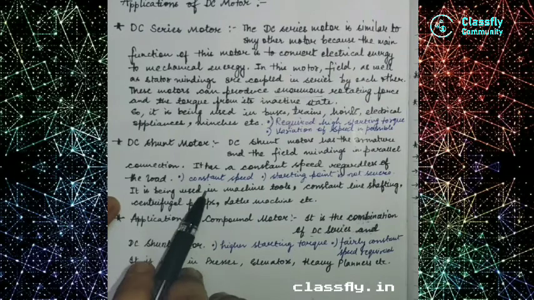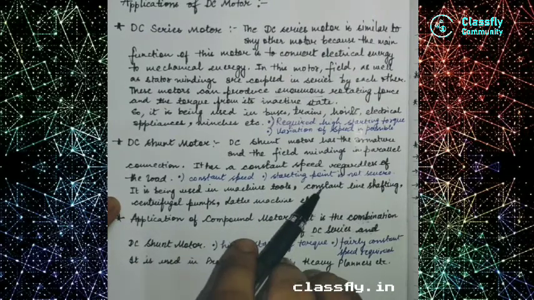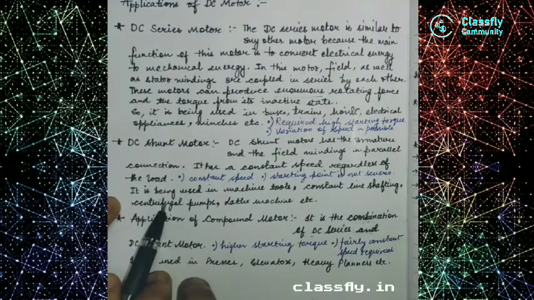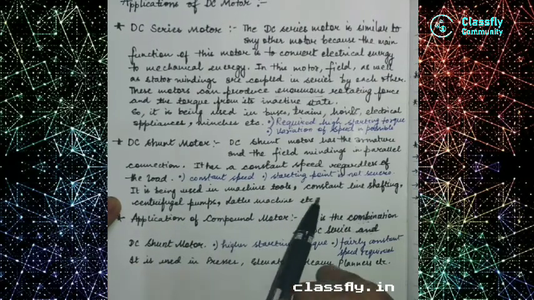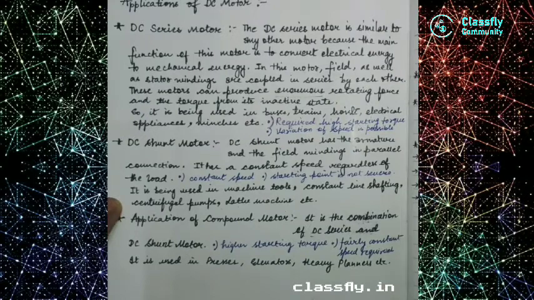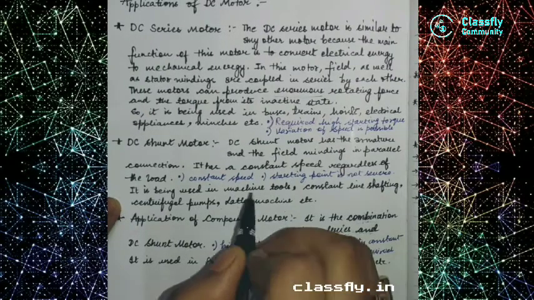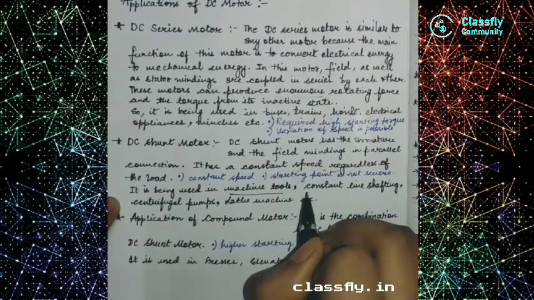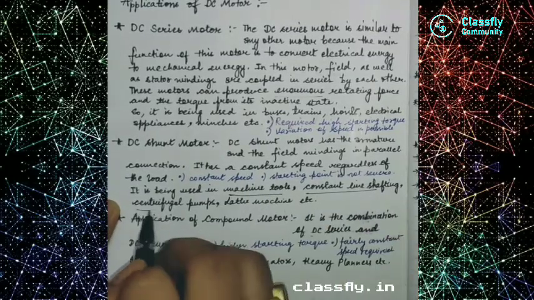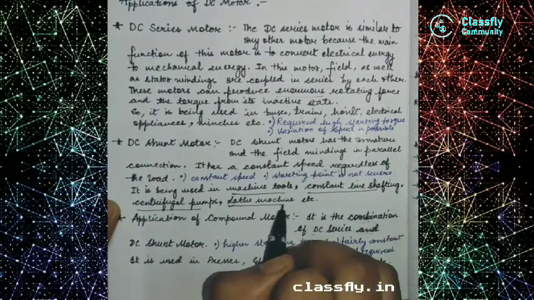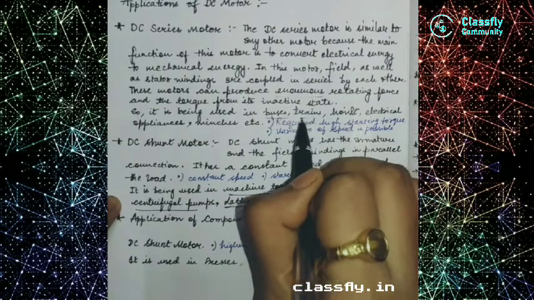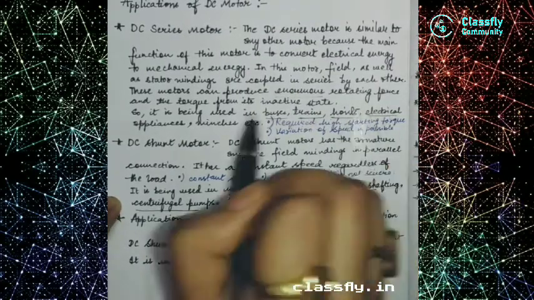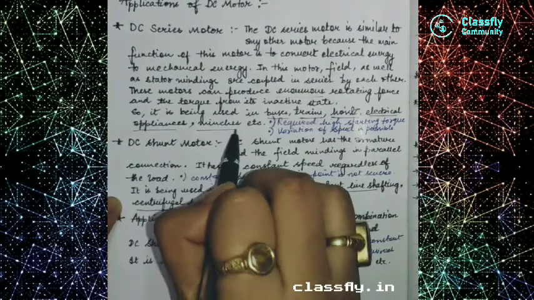It is being used in machine tools, constant line shafting, centrifugal pumps, lathe machine, etc. Whereas the DC series motor was used in buses, trains, hoists, electrical appliances, winches.